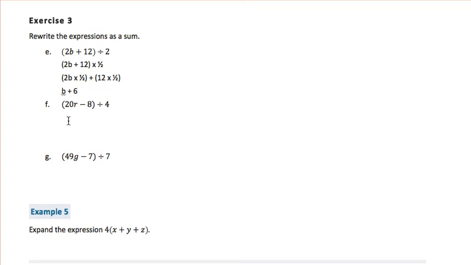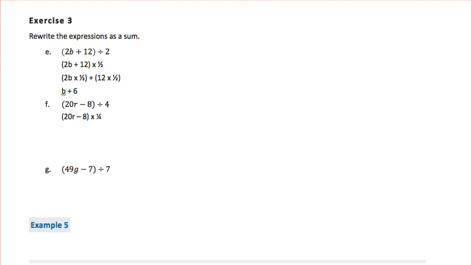Next one, 20r minus 8 divided by 4. So we're going to rewrite the division as multiplication of the reciprocal. Then we'll distribute the 1/4. 20r times 1/4.